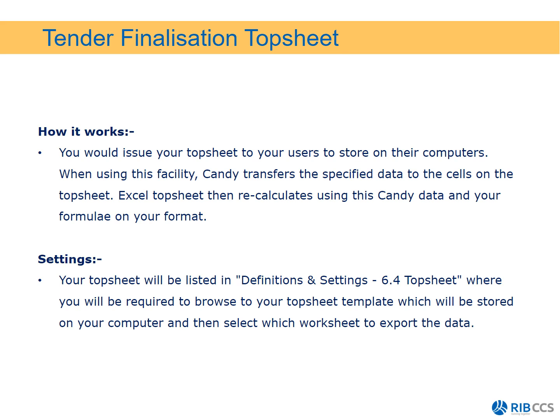I'll show you where you find it under settings. Your top sheet will be listed in the definitions and settings, number 6.4, which is top sheet, where you'll be required to browse to the top sheet template, stored on your computer, and then select which worksheets to export the data to.